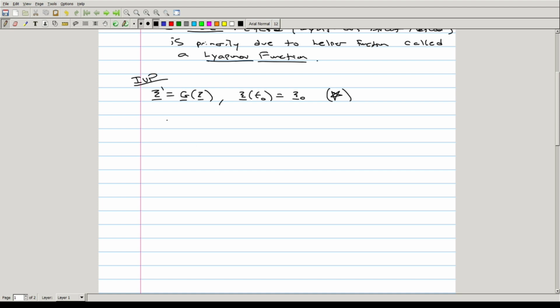And consider what happens if we have a multivariable function v from R^n, that's scalar valued and continuously differentiable.